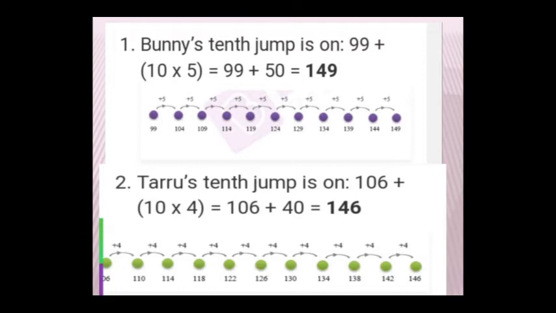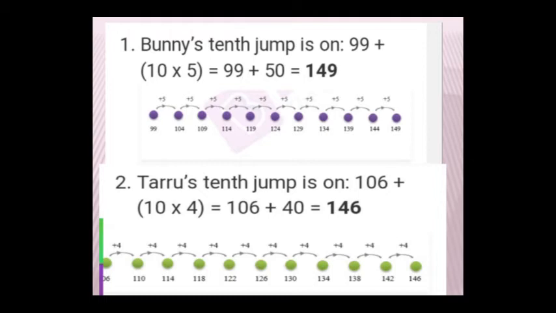So what you have to find out is Bunny's 10th jump. You have to multiply 10 with 5, because Bunny is jumping every five boxes, and Bunny is standing on the number 99. So 99 plus 10 into 5. 10 into 5 is 50. 99 plus 50 is 149.